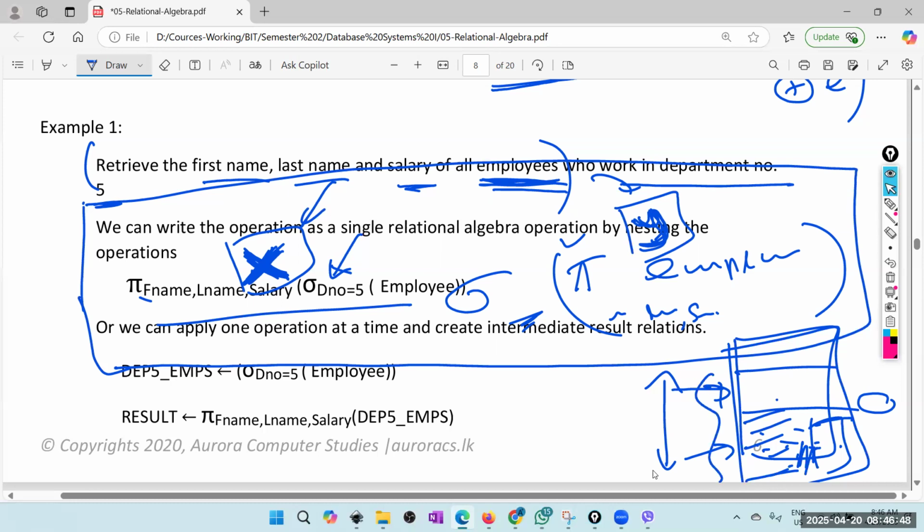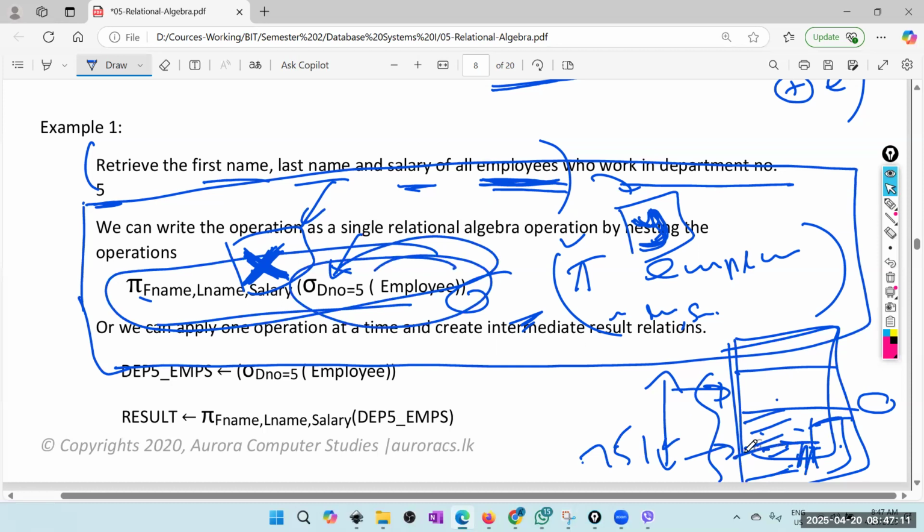Maybe there are thousands of employees, maybe only 75 employees in department number 5. So if there's an index or if your data is sorted by department number, this query is better because we can take only department number 5 employees from the secondary storage.